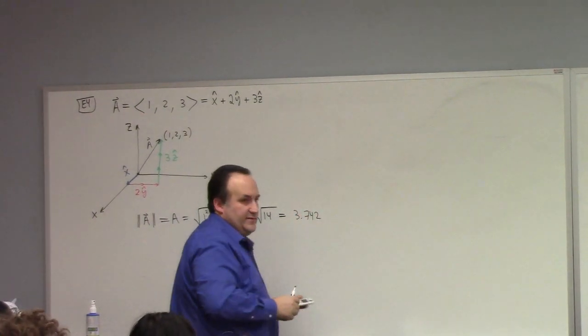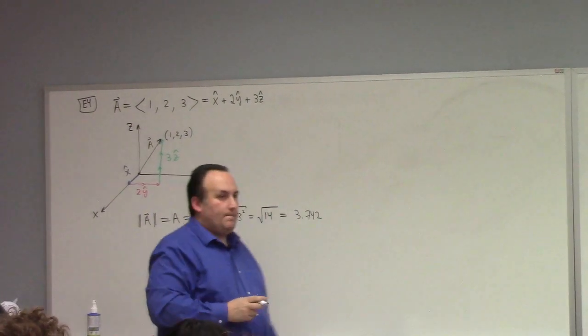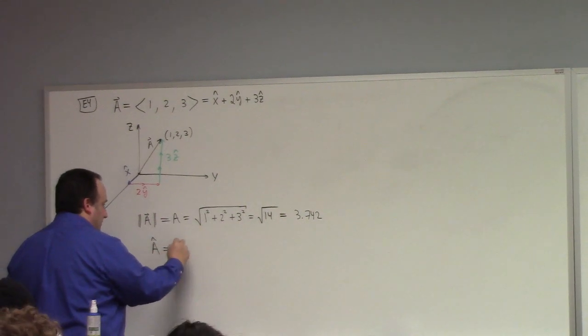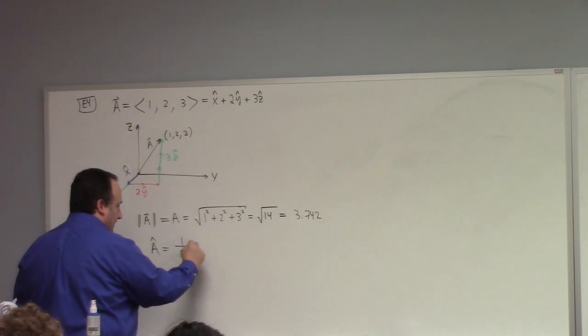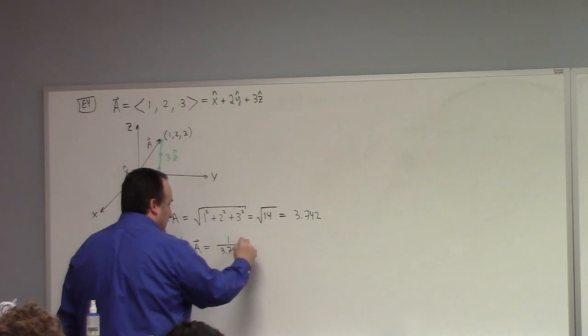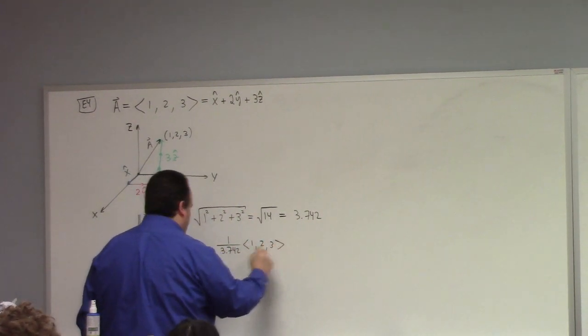Anyway, you could do that. All right, 3.742-ish. Now, what's the unit vector here? A hat would be 1 over A times A, right? Which is 1 over 3.742-ish times ⟨1, 2, 3⟩.